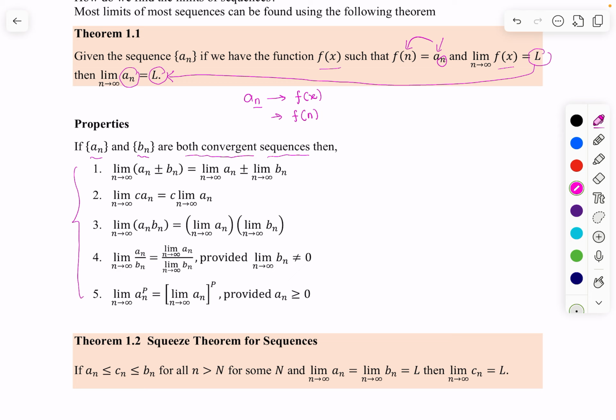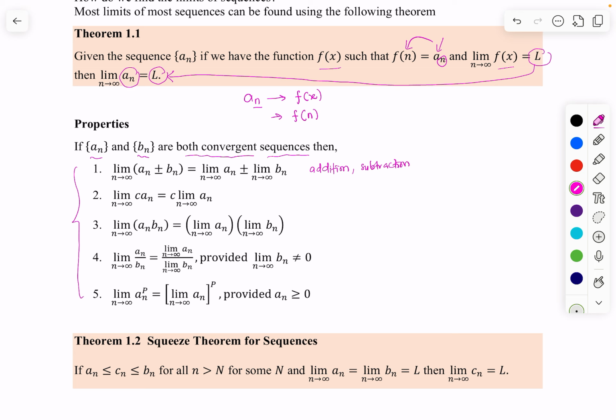So let's say you want to find the limit of the two different sequences, this is the addition. When you find the limit of the addition between two sequences, that is addition and subtraction.